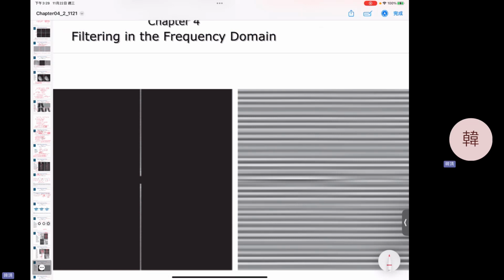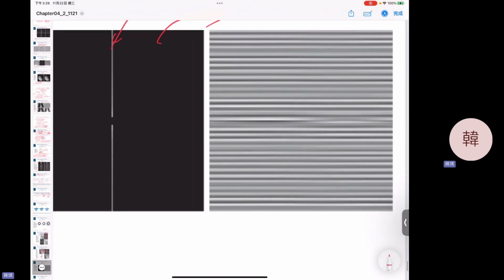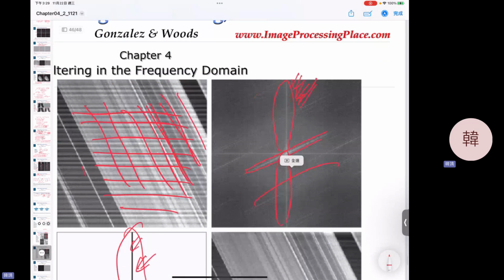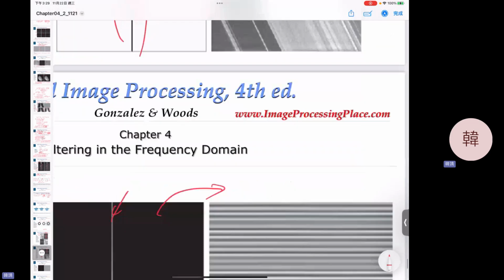Only the vertical band of the energy spectrum will be saved, and then you inverse Fourier transform back to an image. It looks like this. This image is the horizontal line noise in this Saturn ring image. So you can see it separately.